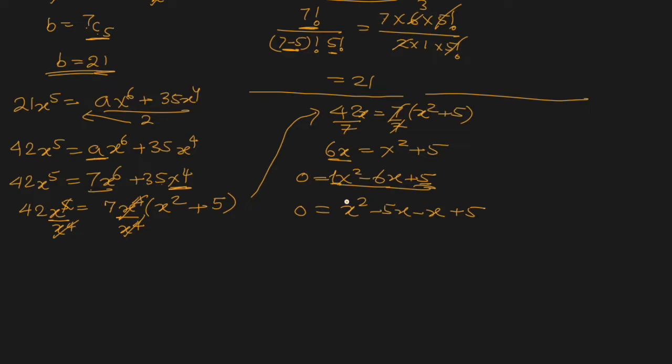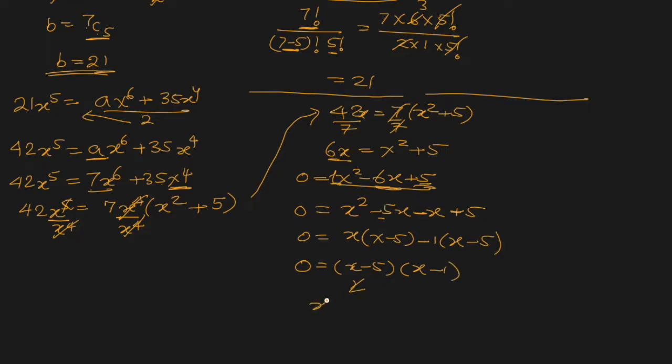Because 5 times 1 was 5, and negative 5 times negative 1 is also 5, and they add up to 6. So I have not made any changes, just changed the look of negative 6x. And this will help me to factor this: x minus 5, minus 1 times x minus 5, because this minus 1 is taken common, so this positive 5 becomes negative 5. So x minus 5 is in both, and we are left with x minus 1.